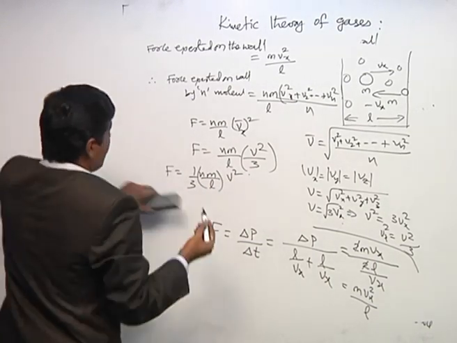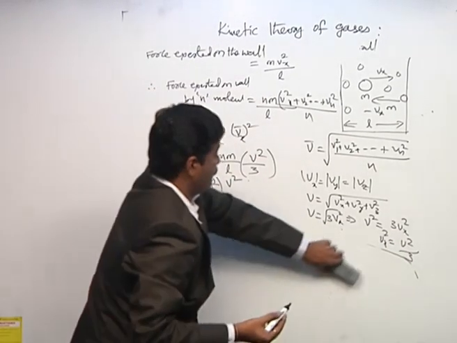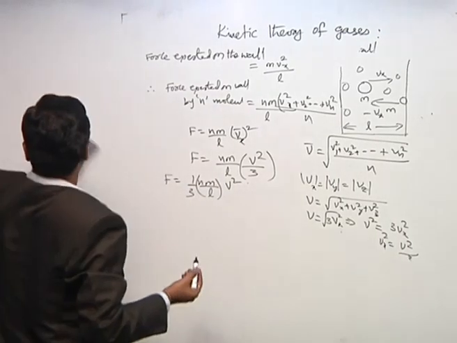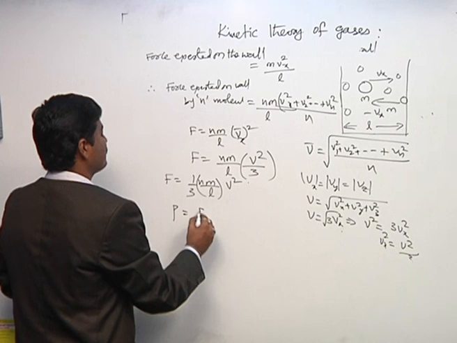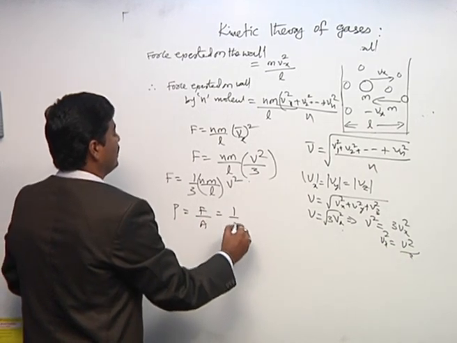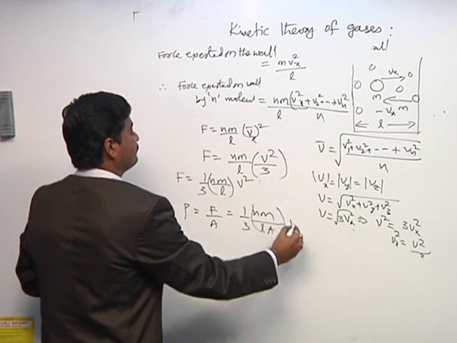See, our aim with this particular expression is to find the pressure. Pressure is force per area, so this can be n m by L A into v square.